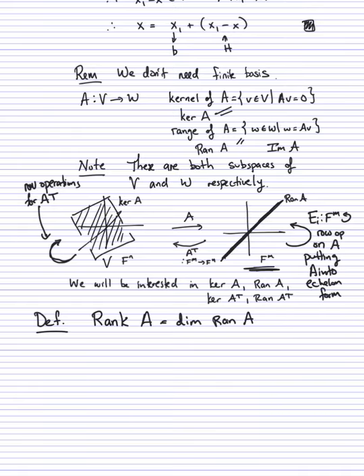The next definition is one that we're actually going to see later in the course, so I'm not going to go into full details now. But I think it's a natural question: if I give you this map A and A transpose, what kind of relation do these maps have?